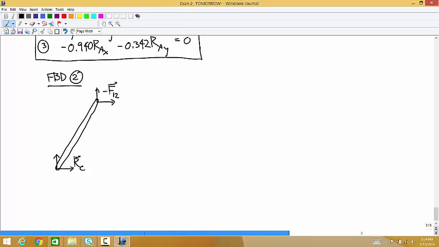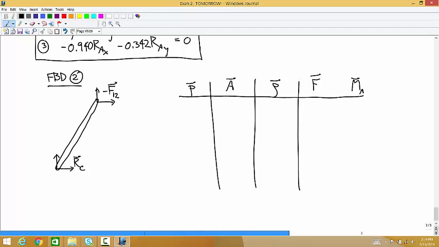So this is the complete free body diagram here. And just like with the other one, I'm going to skip filling in P and A. You can write the coordinates of these points and do the subtraction and get rho. I'm just going to go right to rho. So first, I'll put the about point down here at C.